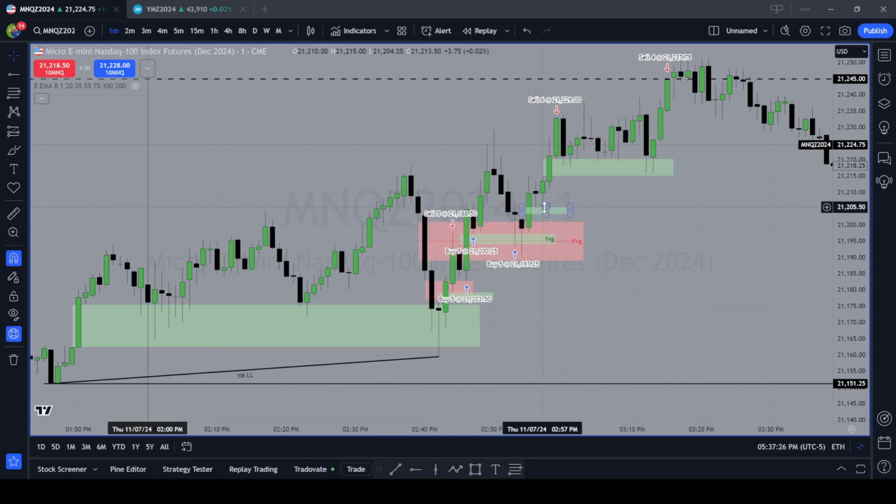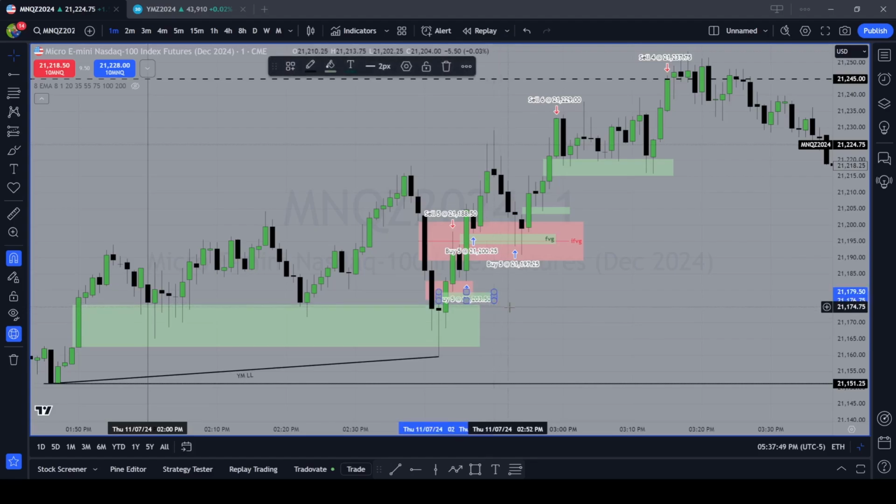This is another potential entry if you want, but I decided to just do 10, and then took partials here, around this high, and then another gap was formed here, you can also add here, but it's pretty close to the target, so just let the rest go. My stop loss to begin with was below this gap here, and then eventually moved up to this low here and this low here.